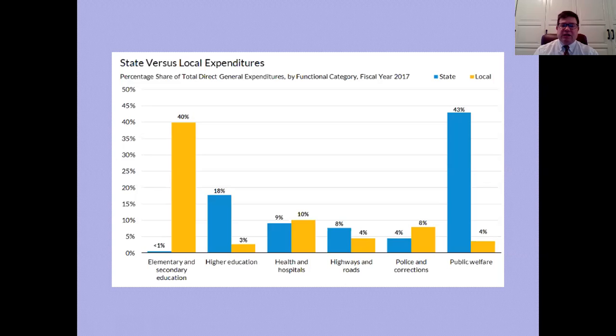On the other hand, you see in the left-hand corner with the yellow column is that elementary and secondary education is the largest single expenditure for local governments, and about 40% of all their expenditures go towards that.